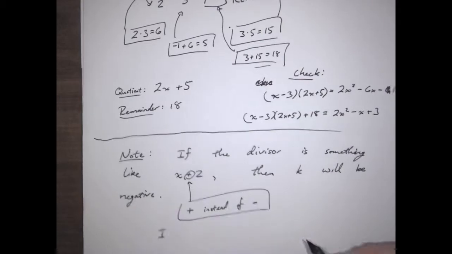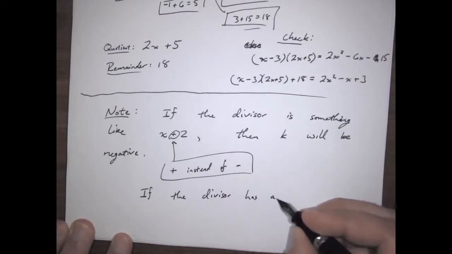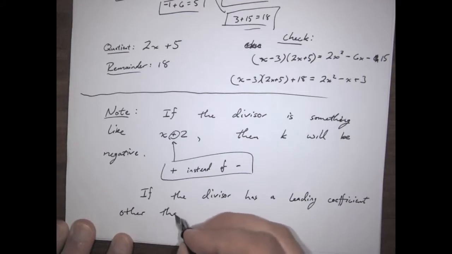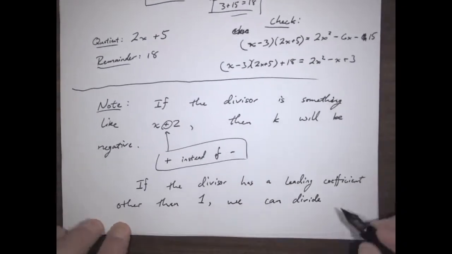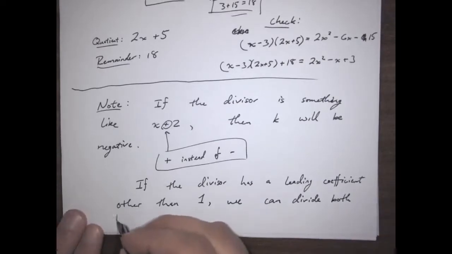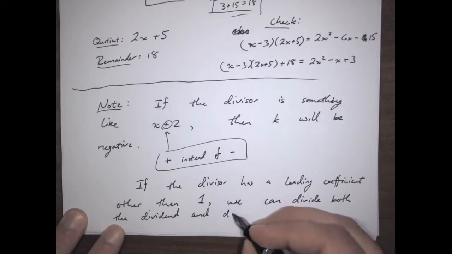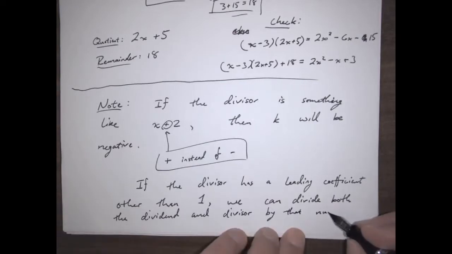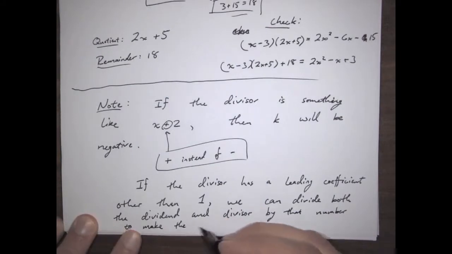And then if the divisor has a leading coefficient other than 1, we can divide both the dividend and divisor by that number to make the process work.